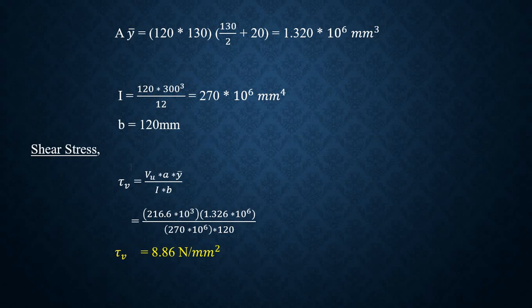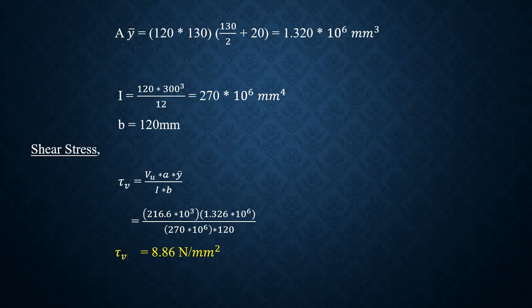To calculate shear stress, the formula is 2V equal to Vu into A Y bar by I into B. Substituting the values: Vu 216.6 into 10 power 3 into A Y bar 1.320 into 10 power 6, whole divided by I, 270 into 10 power 6, into width 120.